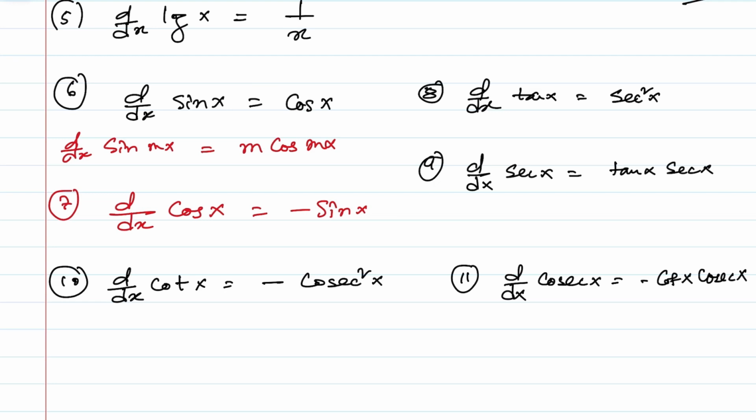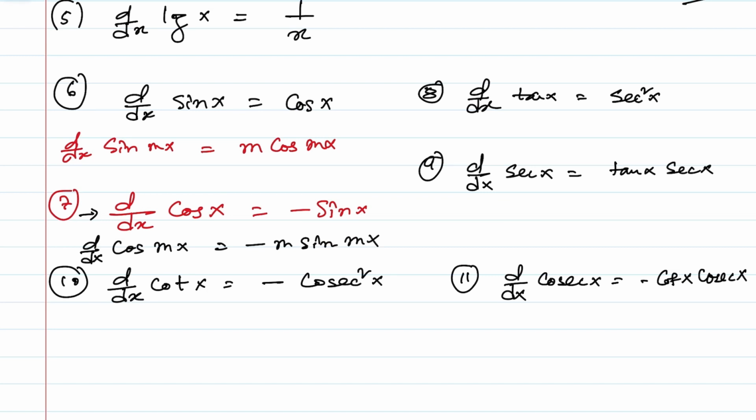Similarly here you see, we have got derivative of cos x is minus sin x. If you need to find derivative of cos of mx, where m is constant, then it's gonna be equal to minus m sin mx.